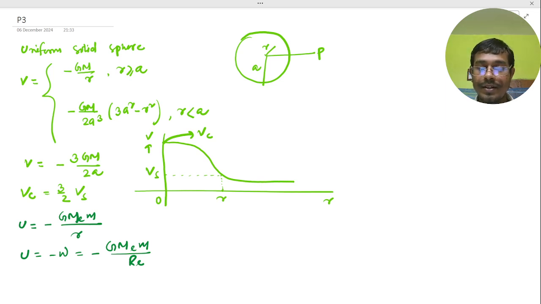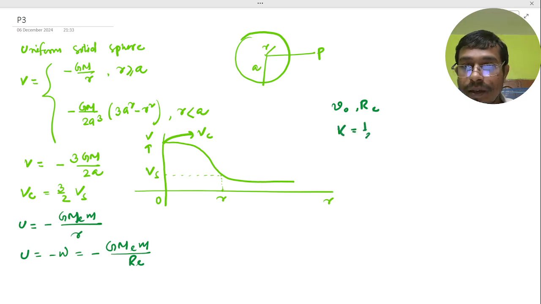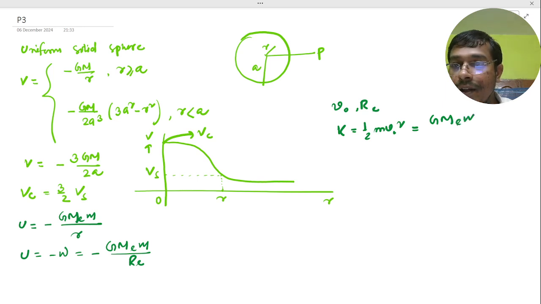So the last topic is the energy of a satellite. Basically, if a satellite of mass m orbits near the surface of the earth with speed v naught in a circular orbit of radius Re, then the kinetic energy of the satellite is given by the expression half m v naught square, which is G Me m by 2Re.